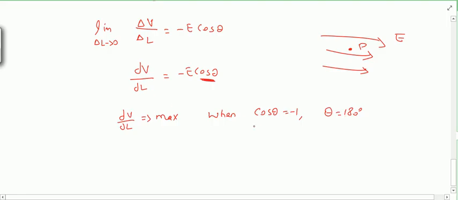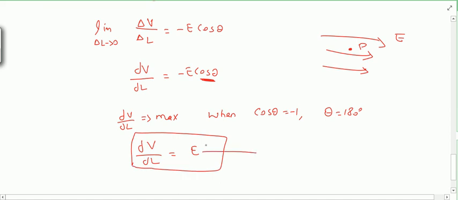So if I put cos theta equals minus 1, it will become dV by dl equals E. Now you see the maximum rate of change of potential with respect to distance is giving the electric field magnitude.